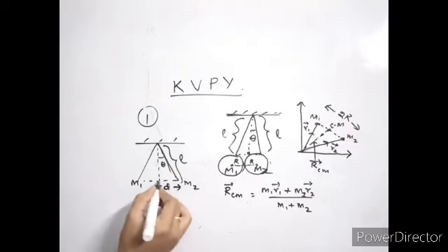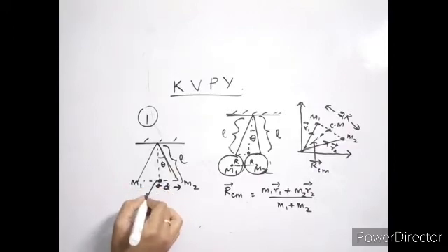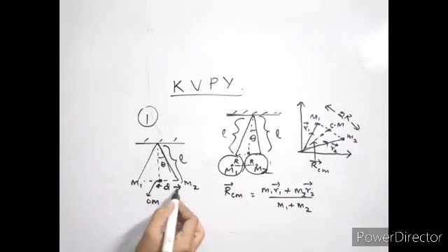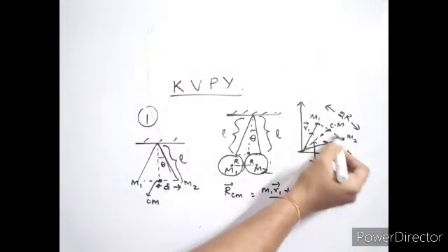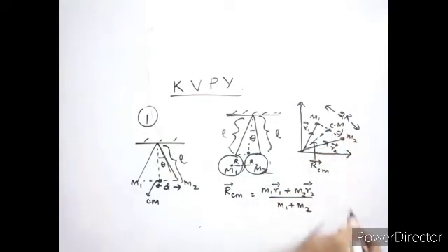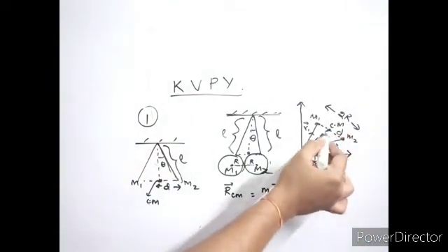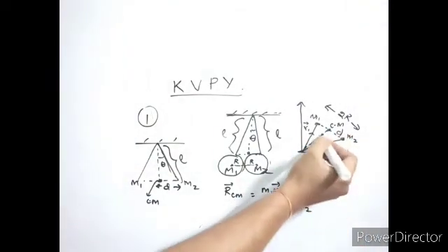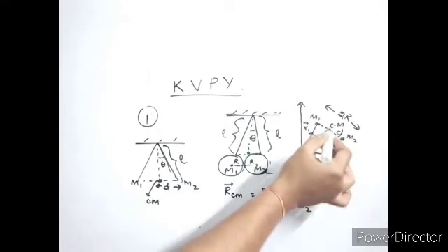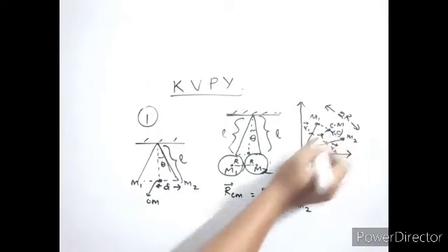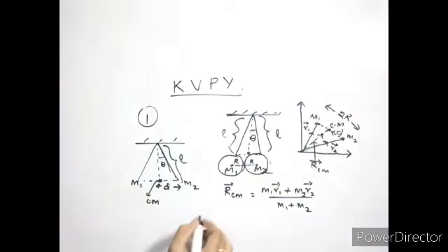So again, going back to the sketch that I have considered, m1 and m2, and the distance d from the center of mass is what we need to consider. Yes, I have taken the value d in both the figures that I have drawn. So the d vector is directed towards the center of mass from the mass m2.